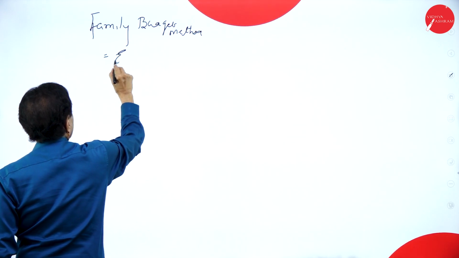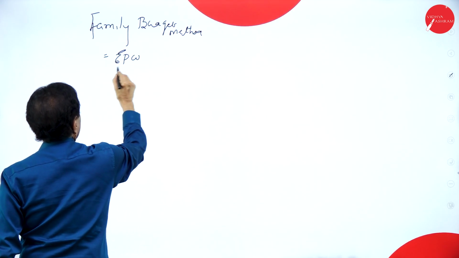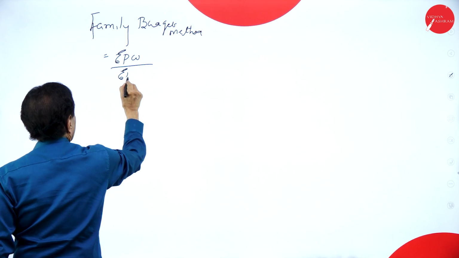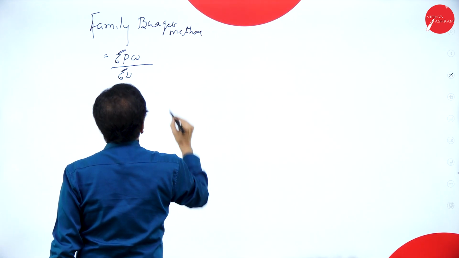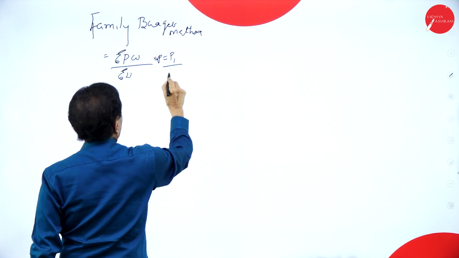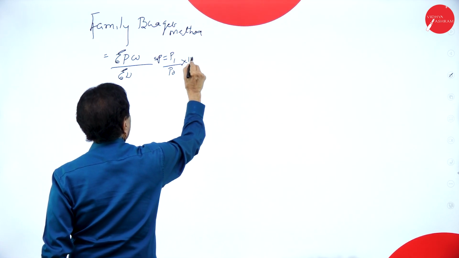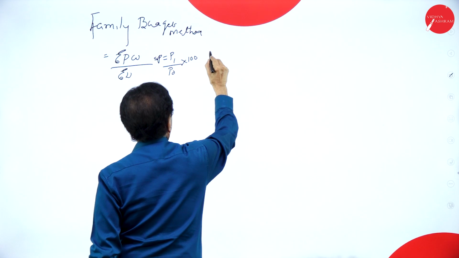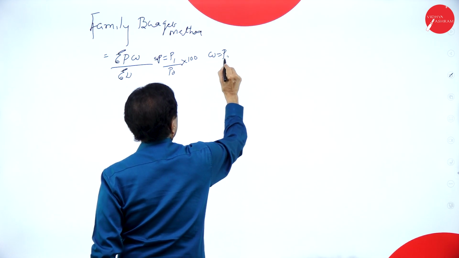Sigma PW divided by sigma W. What is P? P is equal to P1 over P naught into 100. What is W? P naught Q naught.